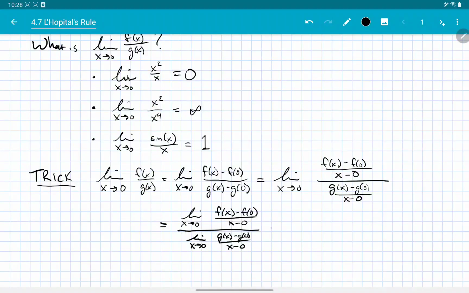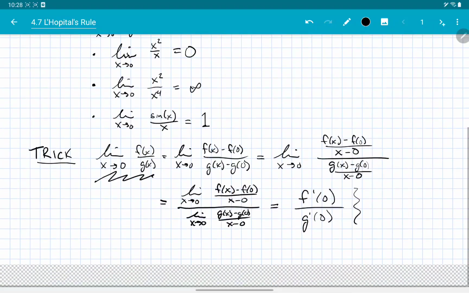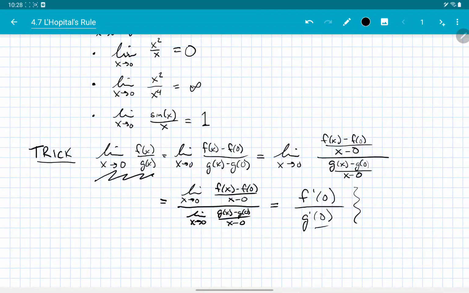Now we recall, by the definition of the derivative, the numerator is equal to f prime at 0, and the denominator is equal to g prime at 0. So to find the limit as x goes to 0, apparently this has something to do with finding the derivatives at 0 and comparing them. Yeah, perhaps this is surprising. Now, this is going to be fine as long as g prime isn't 0. If g prime is 0, then of course we have an undefined situation.